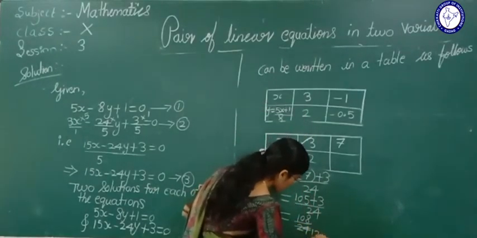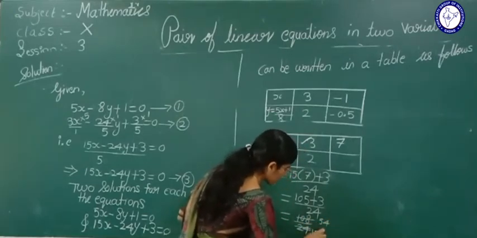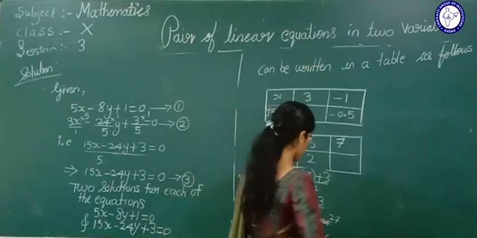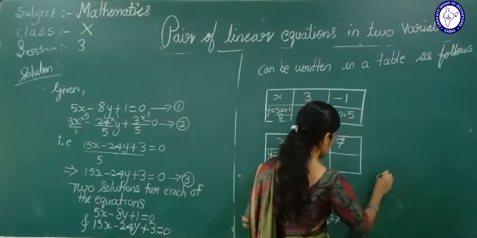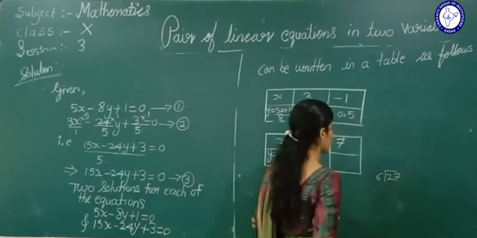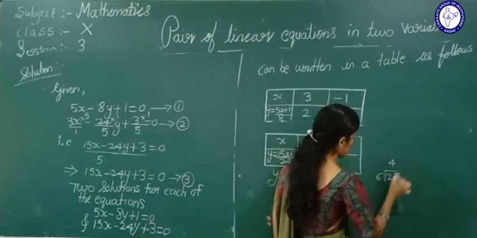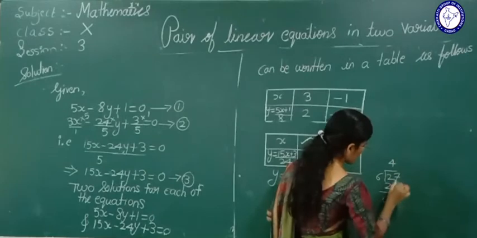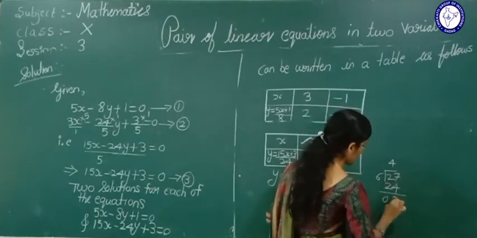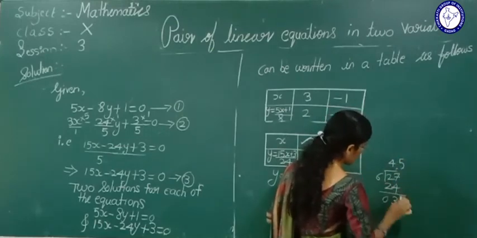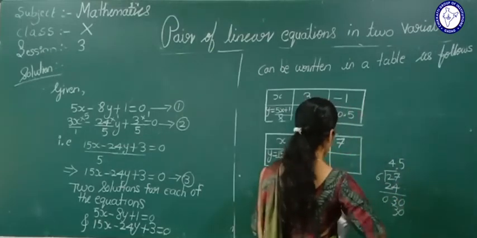Simplifying, this can be written as 27 by 6. 6 4s are 24, 27 minus 24 is 3. 6 5s are 30, half of 6 is 3, so it is 4.5.